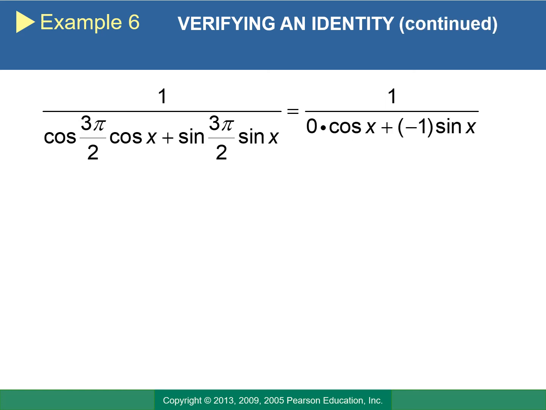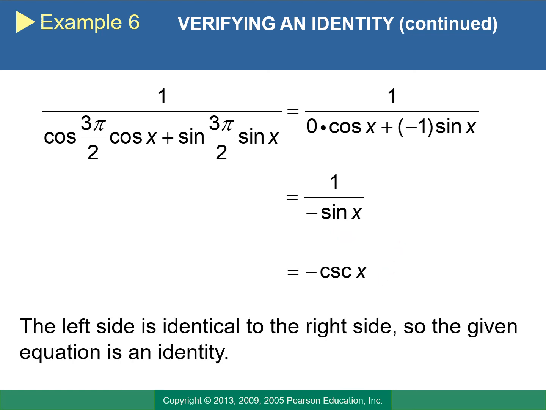So let's go ahead and put those numbers in. Cosine of 3 pi over 2 is 0. Sine of 3 pi over 2 is negative 1. And so that simplifies to 1 over negative sine x. And remember that 1 over sine is in fact cosecant. So this is in fact negative cosecant x. And we verified. All right, so that's the end of this section.